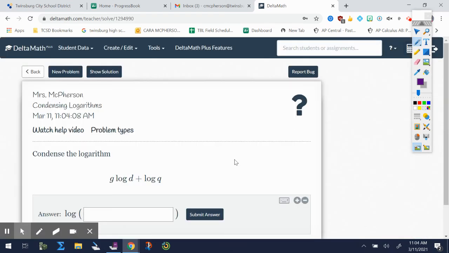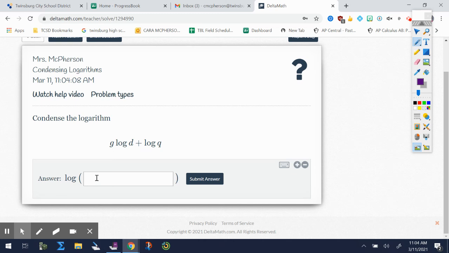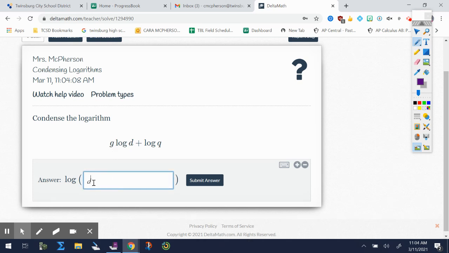You're not going to see a ton with condensing, just because it's not going to be as needed in calculus, but I will show you one. When you're condensing, basically it's like you're putting it back together. This one always makes me think of Humpty Dumpty. We pulled it apart, now we're putting it back together. So my d is going to be taken to the g power. So you're going to have d to the g power. And then you're going to be multiplying it because you have the addition by q.